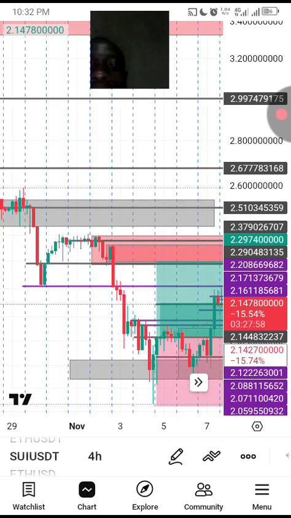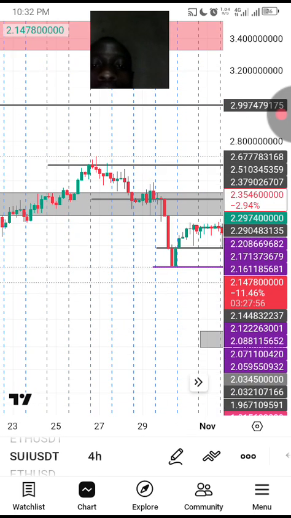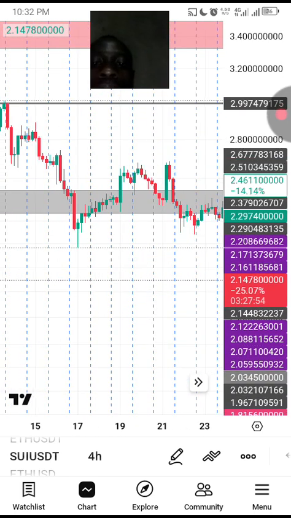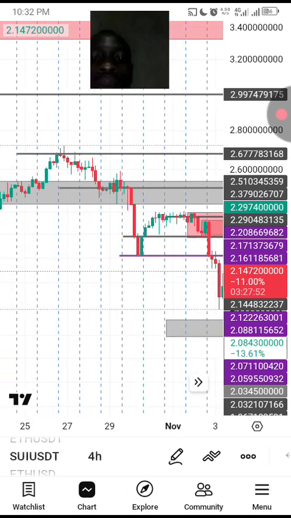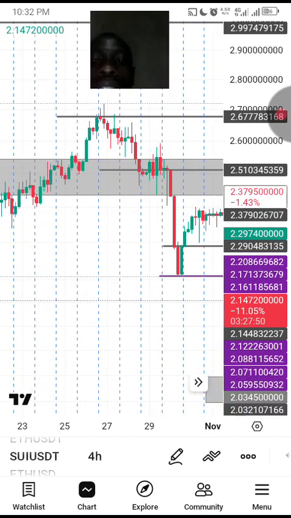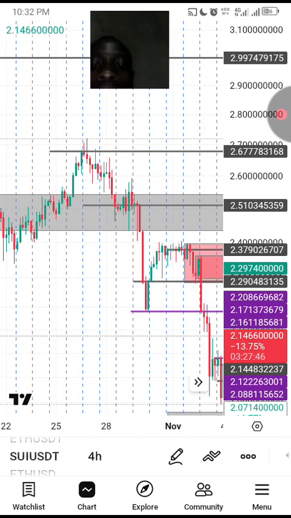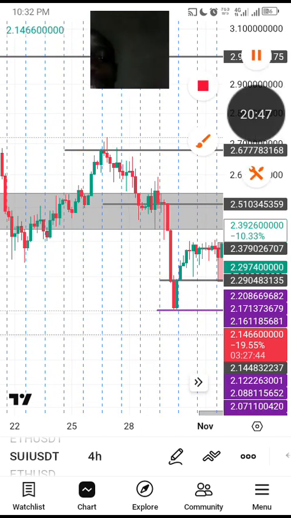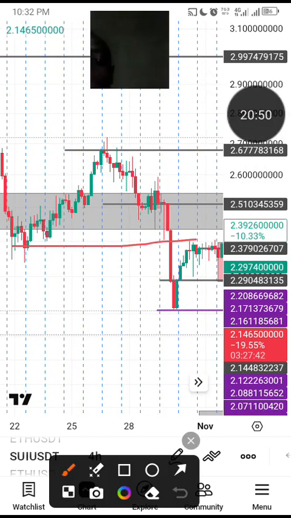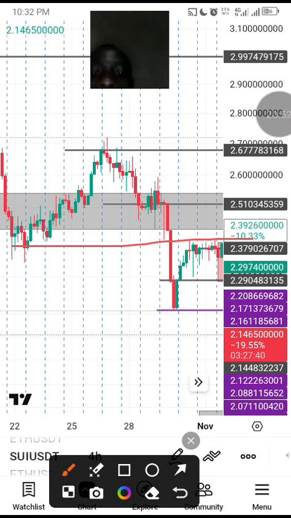Then how do you get a confirmation? You can see that eventually we get a break of structure at this level here. We got a break of structure.